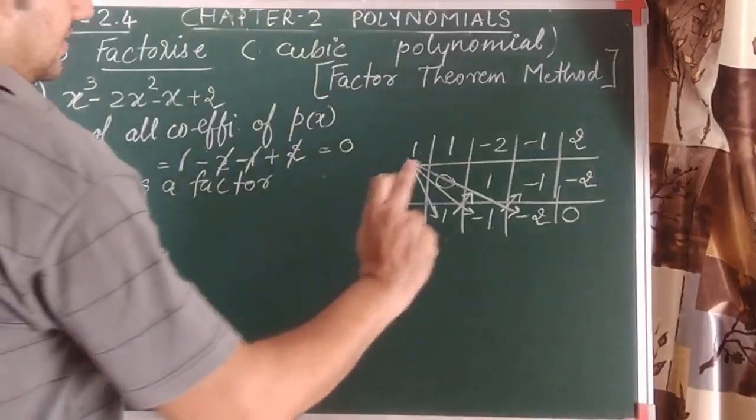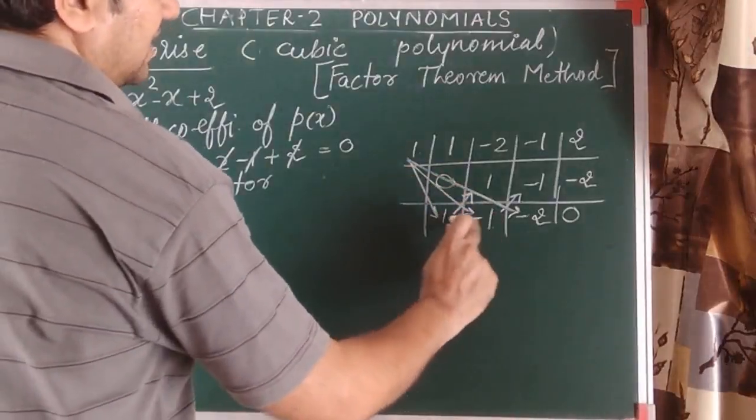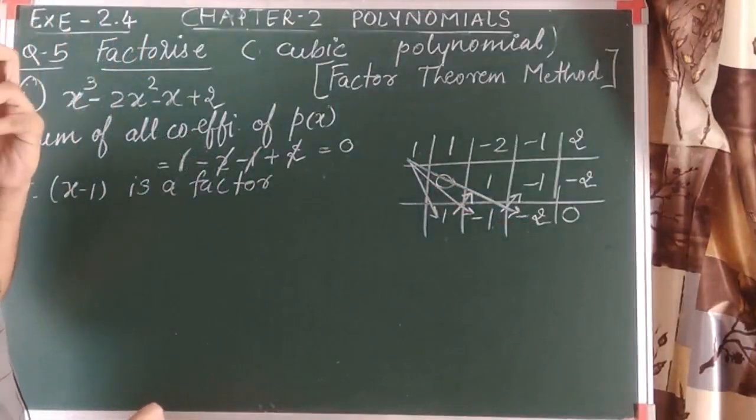You have done this correctly. This is what we have done. What are these 3 numbers? That is very important to understand.